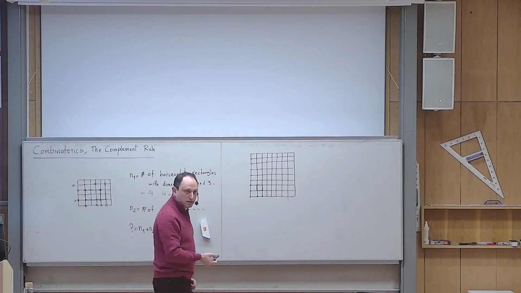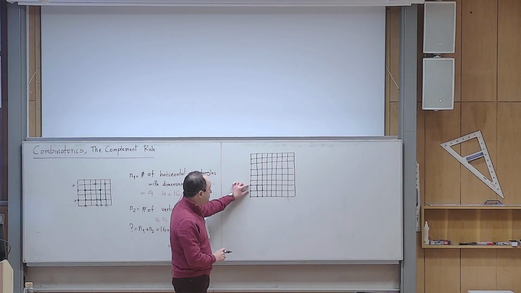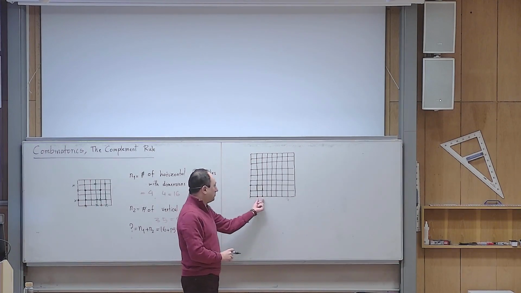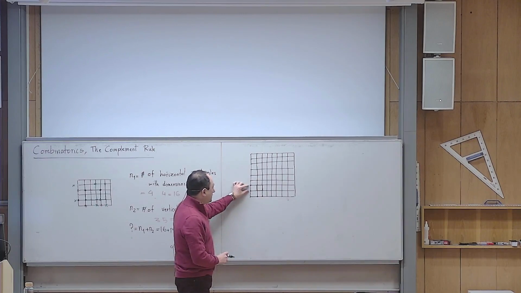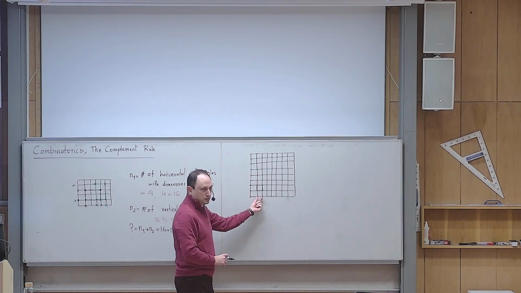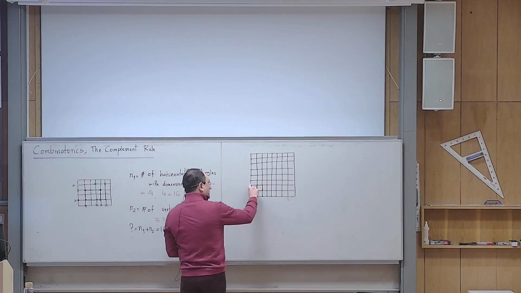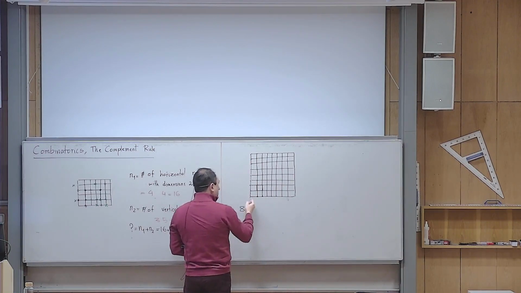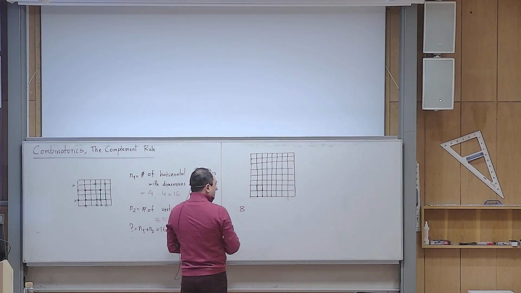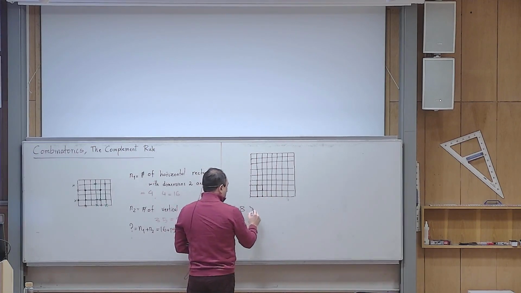So I need to ask myself how many ways I can choose these 2 points on the vertical axis and how many ways I can choose these 2 points. For the case of one by one squares, the dimension should be 1, so the distance between these two is 1, and the distance between these two is 1. So how many ways can I choose these? One choice, second, third, fourth, fifth, and then how many? 8, yes? So I have 8 choices for these points. And then again, I will have 8 choices for these points.